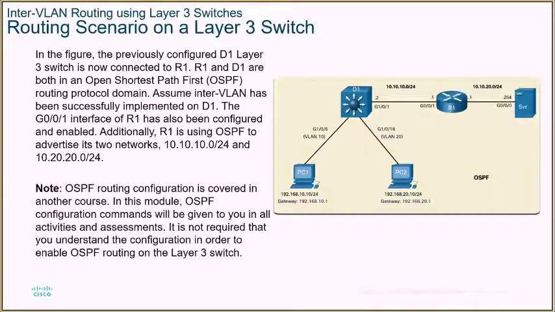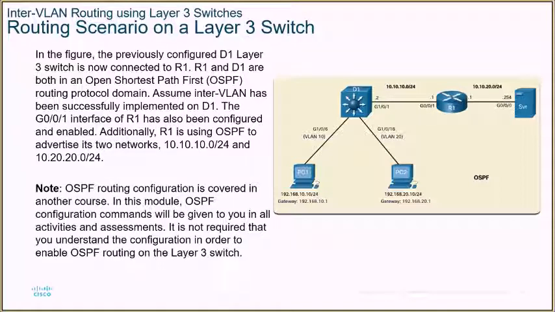In the figure, the previously configured D1 layer 3 switch is now connected to R1, and R1 and D1 are using Open Shortest Path First, or OSPF, as a routing protocol. Assuming the VLAN routing has been successfully implemented on D1, the G0/1 interface on R1 has been configured and enabled.